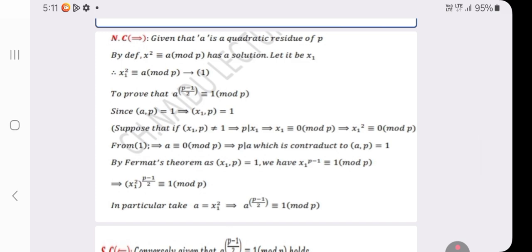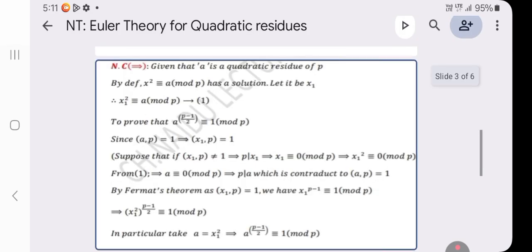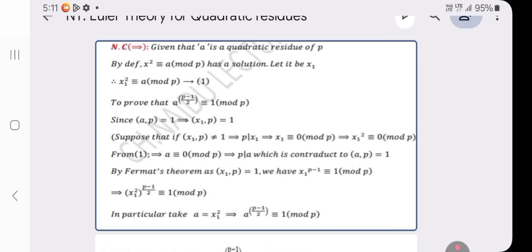That implies x1 is congruent to 0 mod P. Therefore, x1 square is congruent to 0 mod P. From 1, A is congruent to 0 mod P. That implies P divides A, which is a contradiction to the fact that GCD of A and P equal to 1.